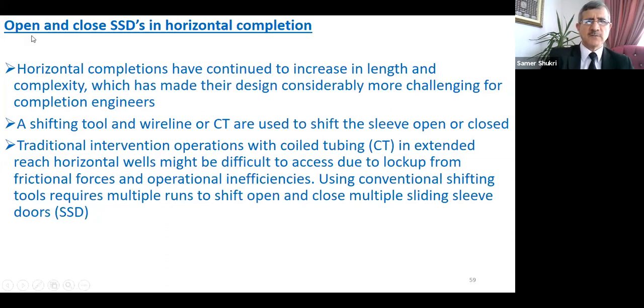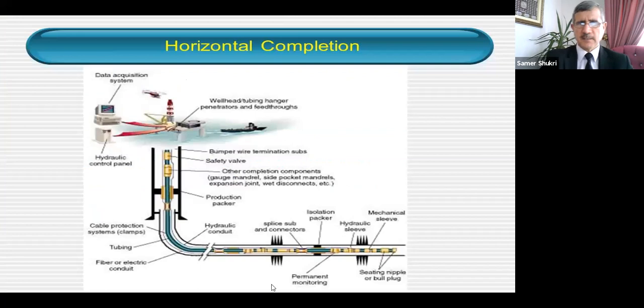Here also we have open and close SSDs in horizontal completion, as wireline cannot be run, so we run a shifting tool and open or close. You see it like this. This is horizontal completion. We can open the first one and close the third one, and like this. But here they should all open down and close up, or the other option, all close down and open up.